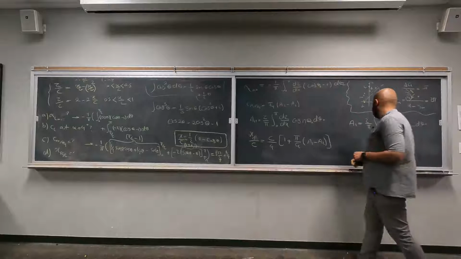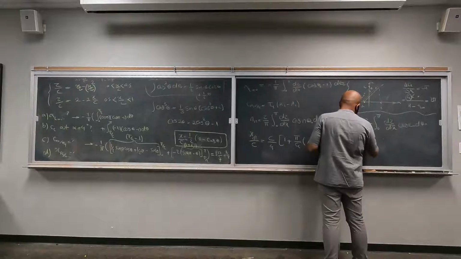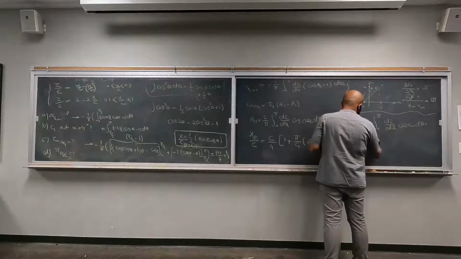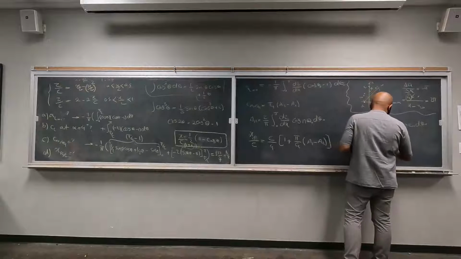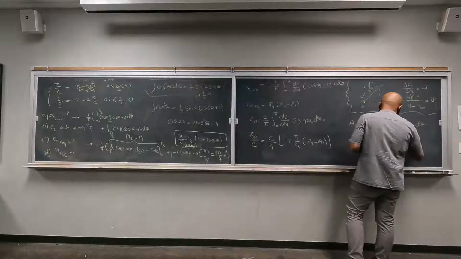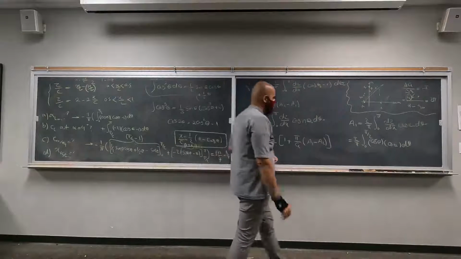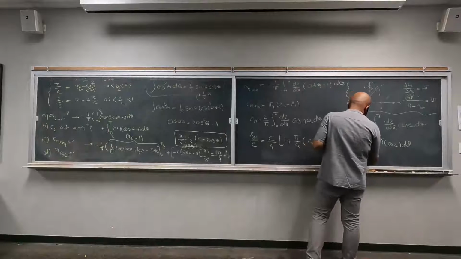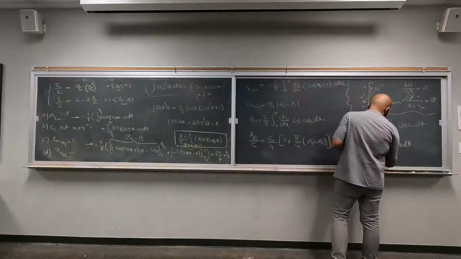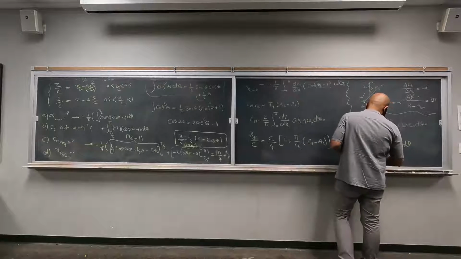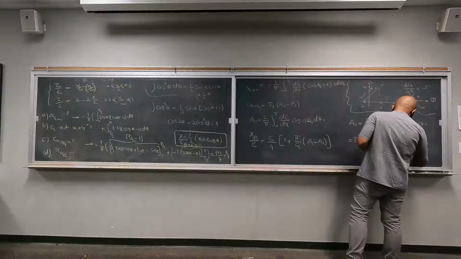You can plug in whatever value you have: 0 to pi over 2, dz/dx was cosine of theta, multiplied by cosine of theta, so cosine squared theta, for which we have the solution, plus the integral from pi over 2 to pi, where dz/dx is negative 2, of negative 2 cosine of theta, d theta.